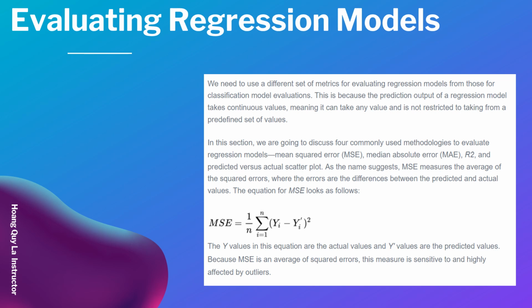We have MSE equals 1 divided by n, times the sum from i equals 1 to n of (yi minus y dash i) squared. The y values in this equation are the actual values, and the y dash values are the predicted values. Because the MSE is an average of the squared errors, this measure is sensitive to and highly affected by outliers.